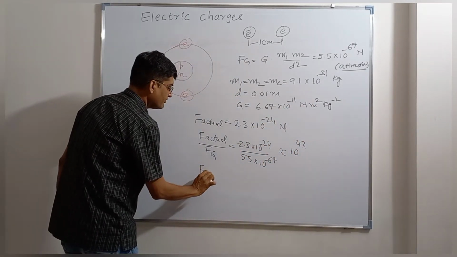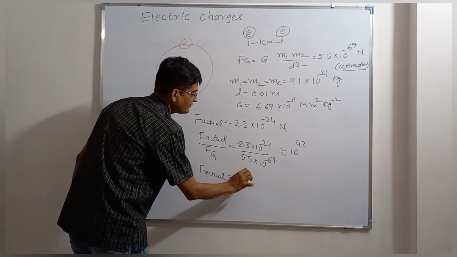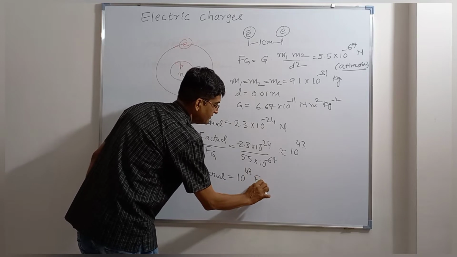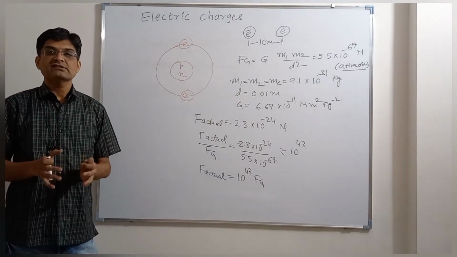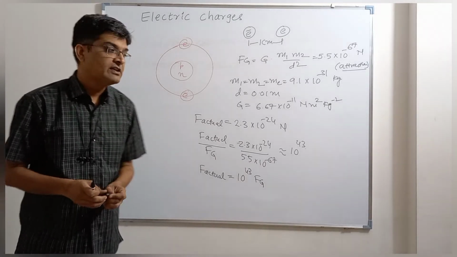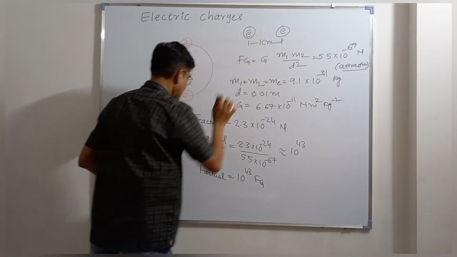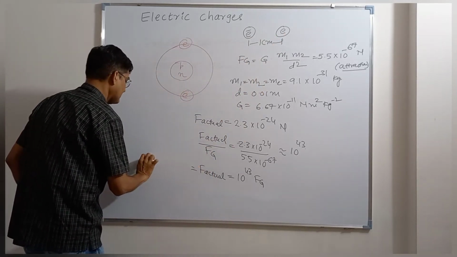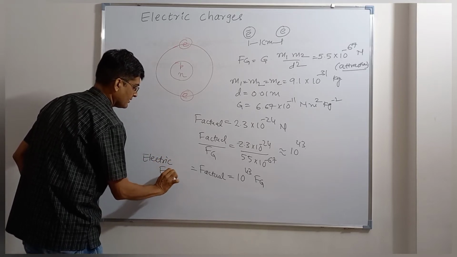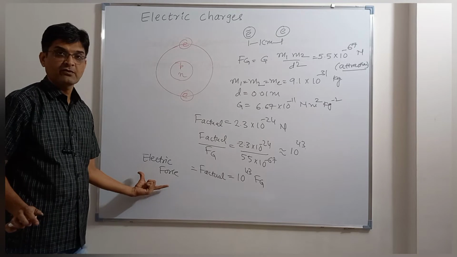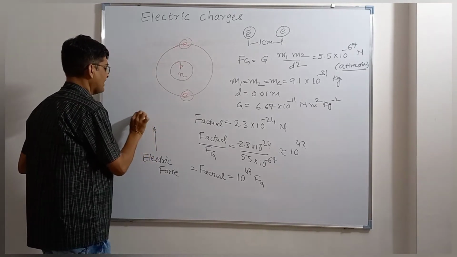The actual force found, measured, experienced is 10^43 times Fg, which was expected only because of gravity. So it was proved at that time that a very strong force is present between two electrons, and this very strong force is called electric force. The presence of this electric force is because of the property of matter known as charge.